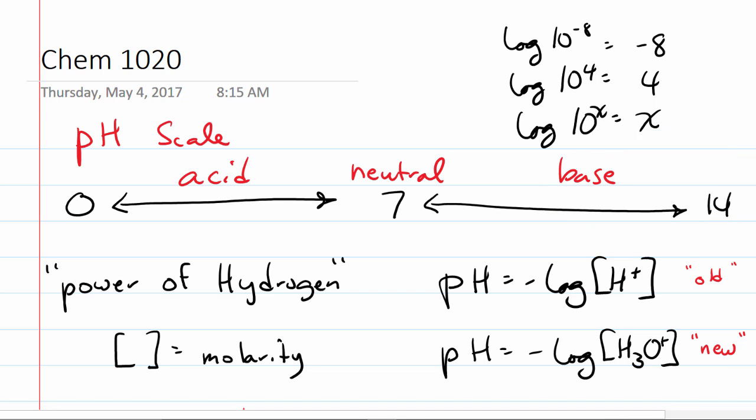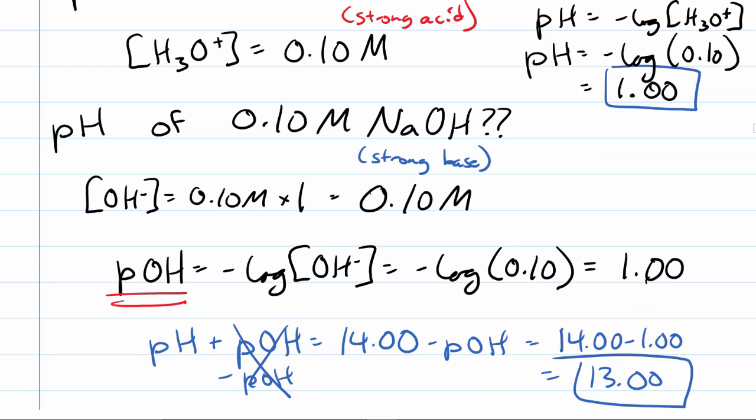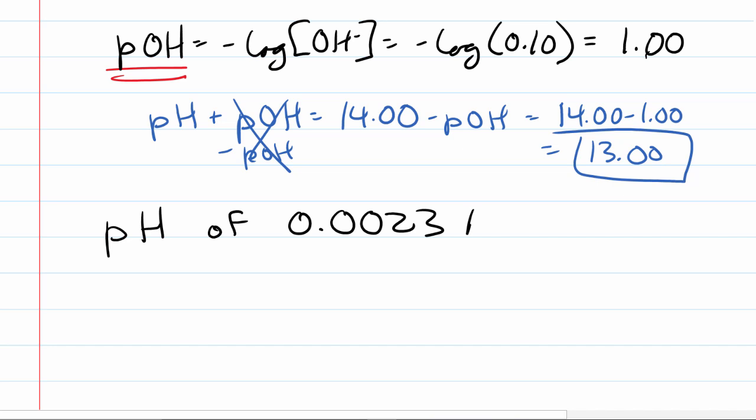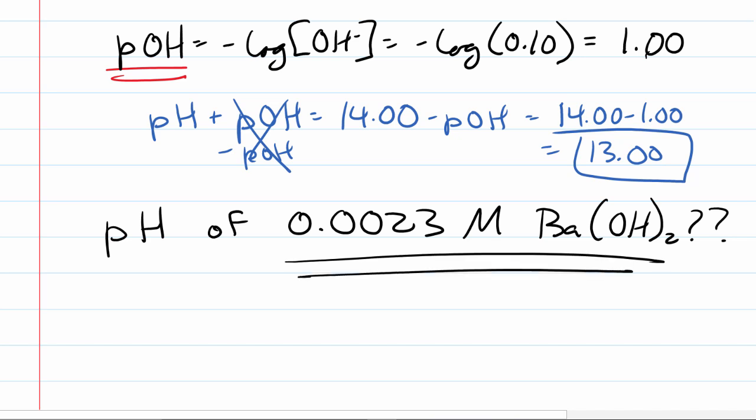Which takes us down to the very last problem. And the very last problem is going to be this. Try this out. See if you understand it now. We want to find out what is the pH of 0.0023 molar barium hydroxide?